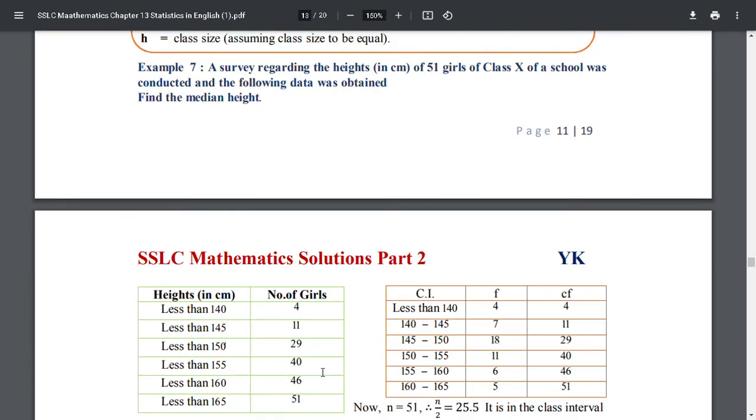One example problem. A survey regarding the heights in centimeters of 51 girls of class 10th of a school was conducted and the following data was obtained. Find the median height.